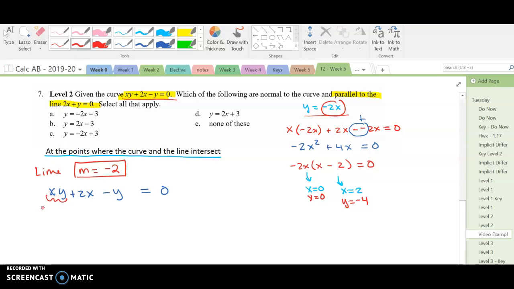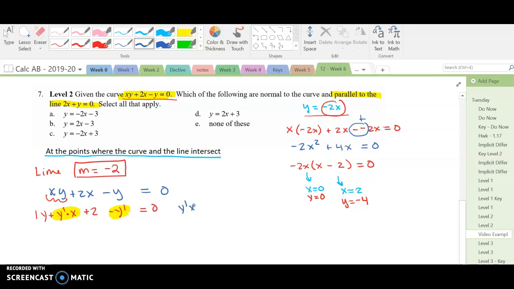The derivative of this will be the product rule: 1 times y plus y prime, or dy/dx, times x, plus 2 minus y prime equals 0. So we're going to keep all y prime terms and send everything else to the other side.